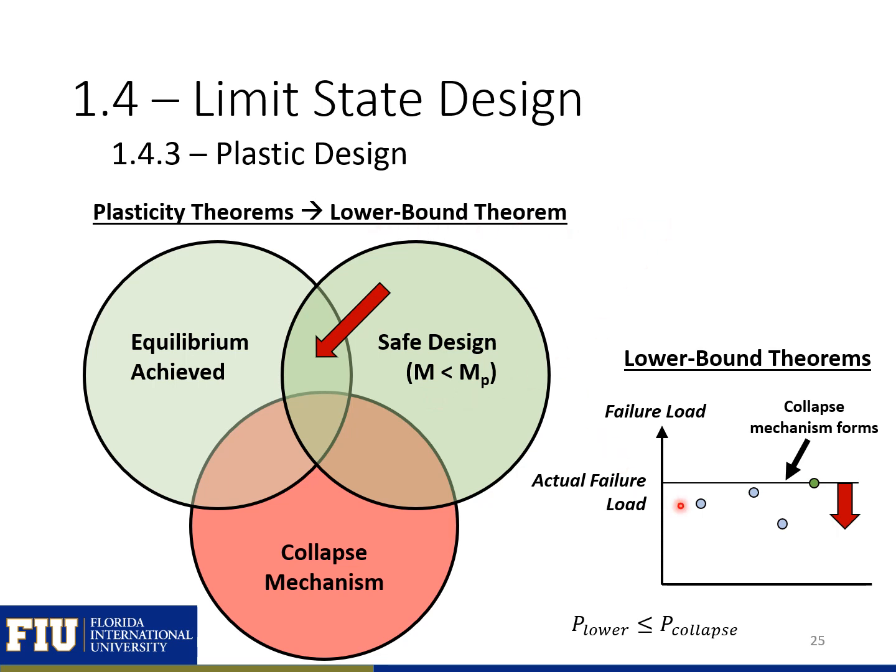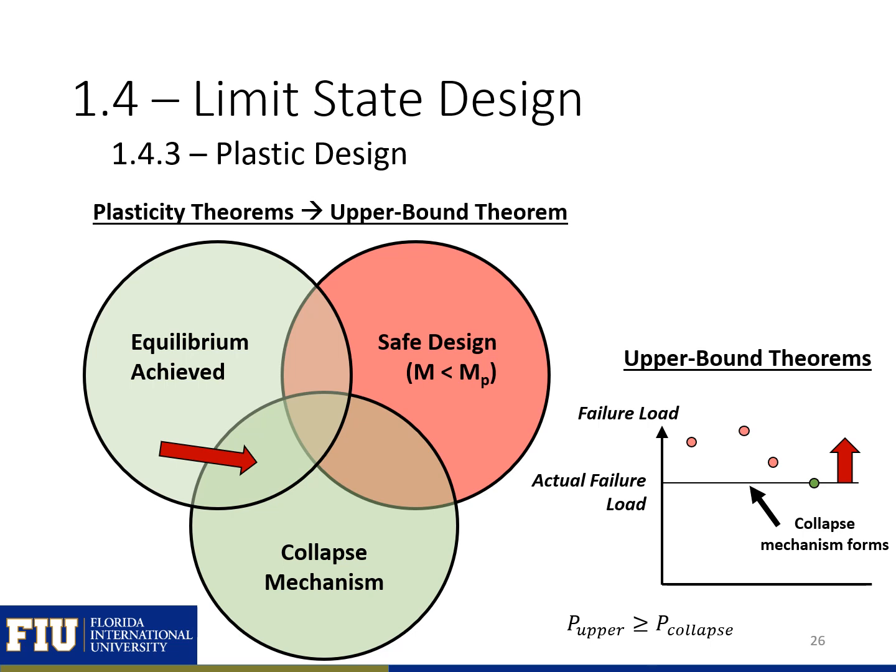This means that our predicted failure load will be less than or equal to our actual failure load. This means that we may not have a collapse mechanism. So we may not have a predicted load equal to the load that'll cause our collapse mechanism.